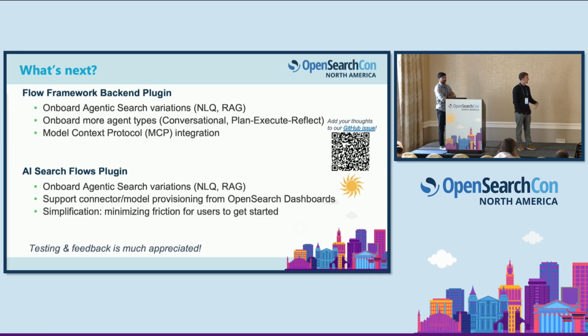One of those key pieces would be onboarding these agentic search variations as they become available, and having further remote connector and model provisioning from the UI as well, to help this UI be a one-stop shop for the full end-to-end experience. Then there is general simplification, minimizing friction and having the least amount of inputs required for users to get started and then drill down into building more customized things and playing around with what those features can offer as they get familiar.